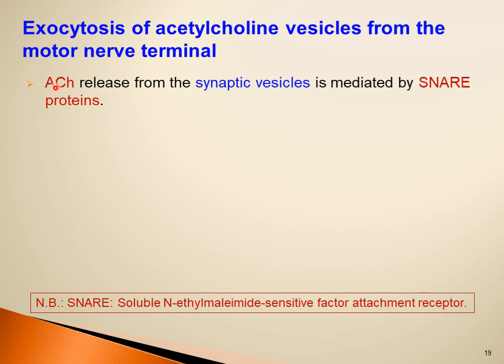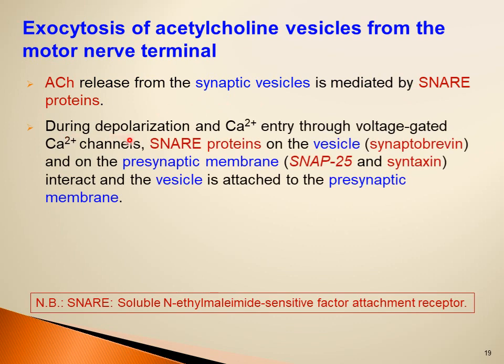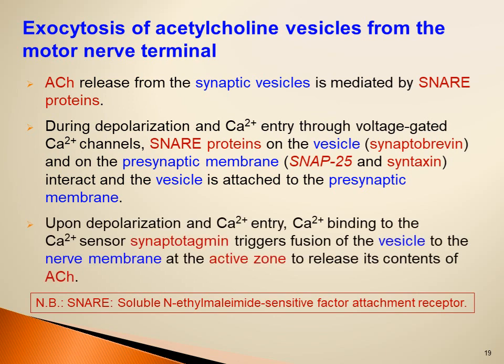So acetylcholine release from the synaptic vesicles is mediated by SNARE proteins. During depolarization and calcium entry through the voltage-gated calcium channels, the SNARE protein on the vesicle, synaptobrevin, and the SNARE proteins on the presynaptic membrane, mainly SNAP25 and syntaxin, interact and the vesicle is attached to the presynaptic membrane in preparation for fusion.